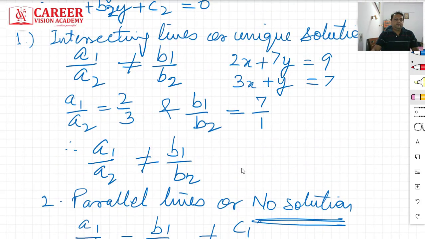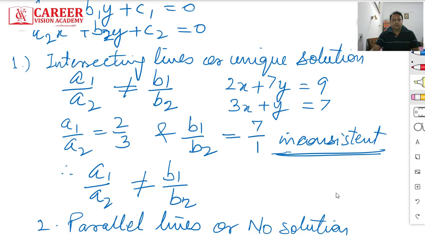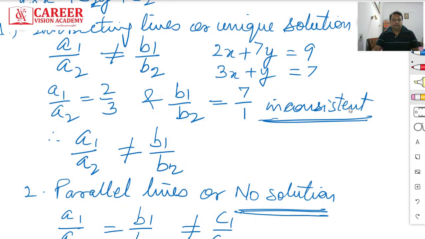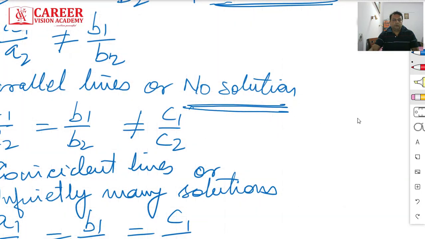As we see here, the intersecting lines have a unique solution, so these are consistent. Now, no solution: these are inconsistent, as they have no solution.